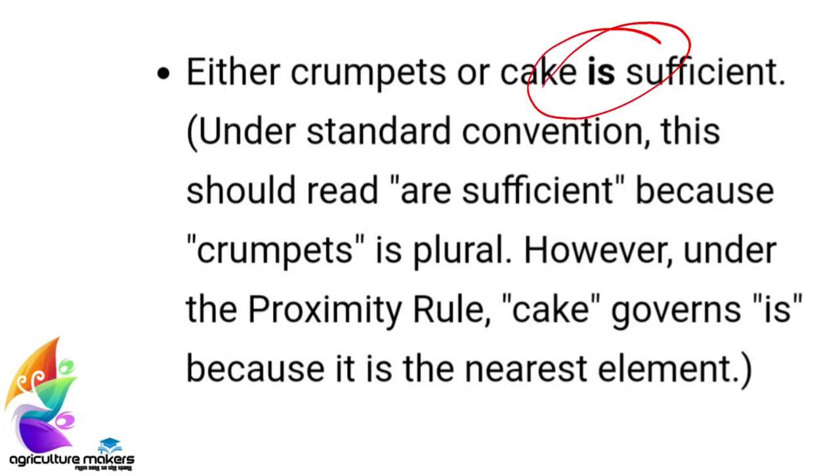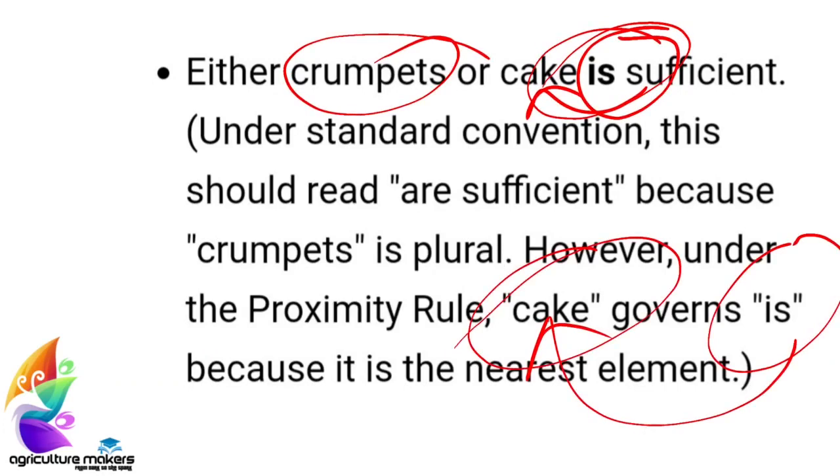But here they are using the proximity rule, as the subject nearby to the verb is singular in nature, so they are using a singular verb. But under standard convention, this should be "are sufficient" because crumpets is plural. But according to the proximity rule, the verb is governed by cake, which is a singular subject, so we are using "is". So this case is also possible. You have to remember both things before using.